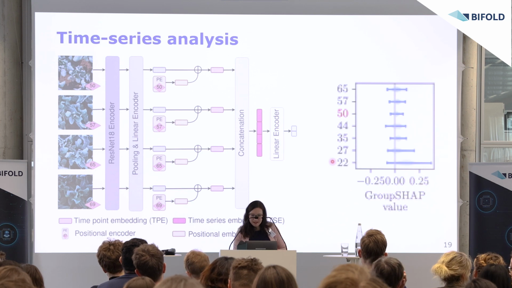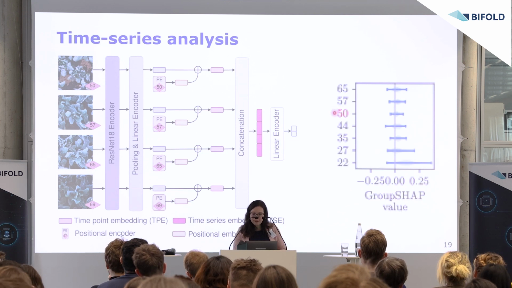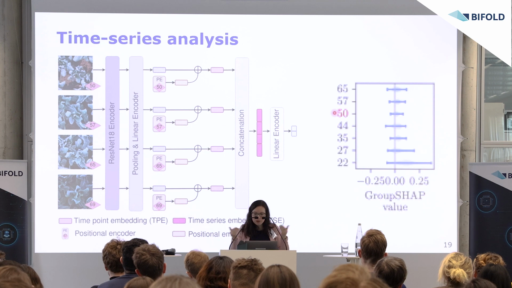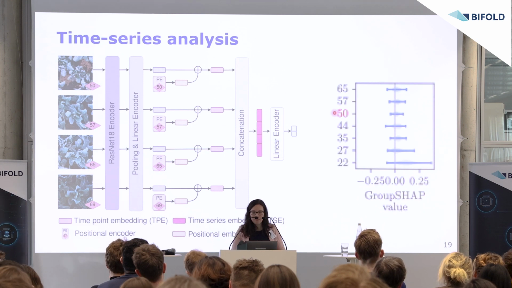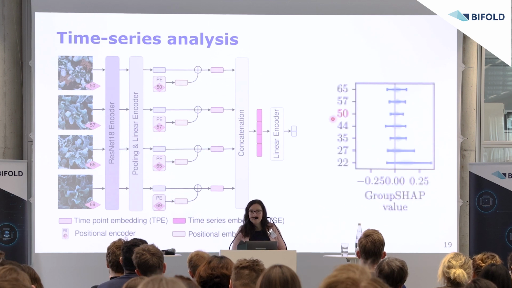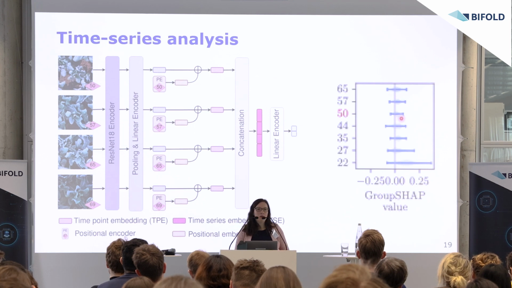So what you see here is all the Shapley values from all these images from a specific point in time and how they deviate from guessing. And you can see that here's the day 50 overflight. It doesn't really contribute. So you can take out this time point.